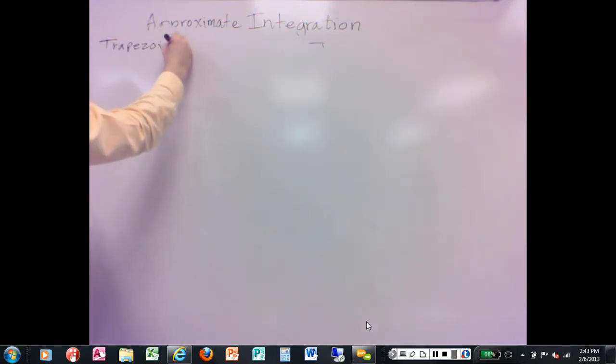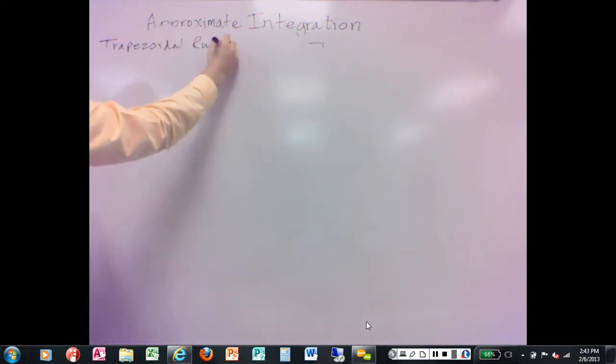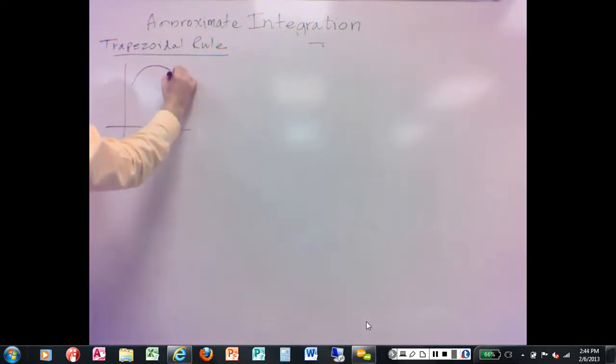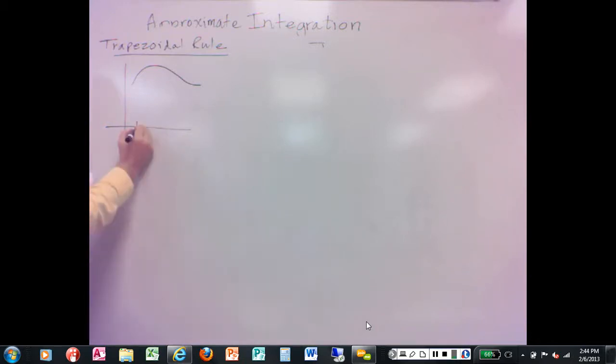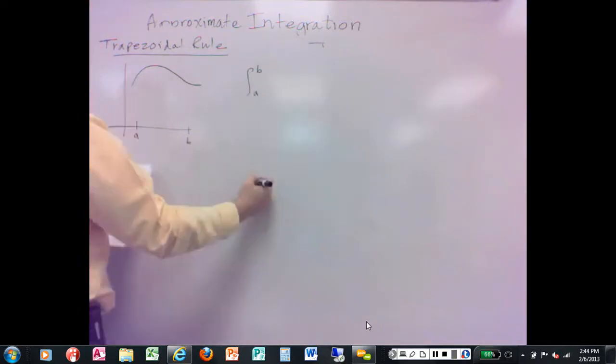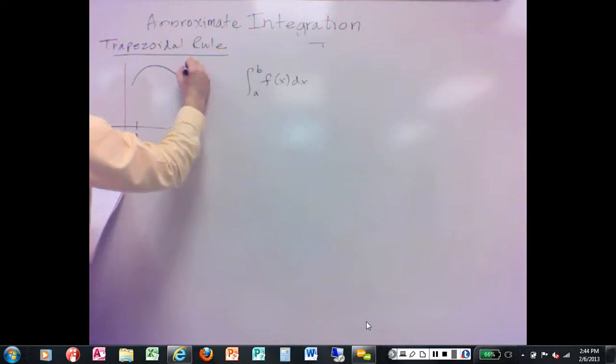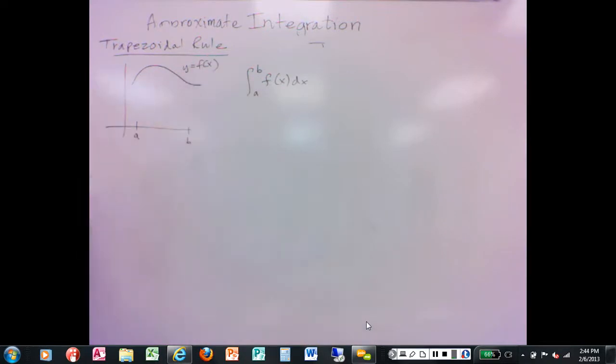Still working on our trapezoidal rule. So we've got a curve here, similar to the one I've got on my paper. I'm going to go from A to B, looking at the integral from A to B. This function is y equals f of x.